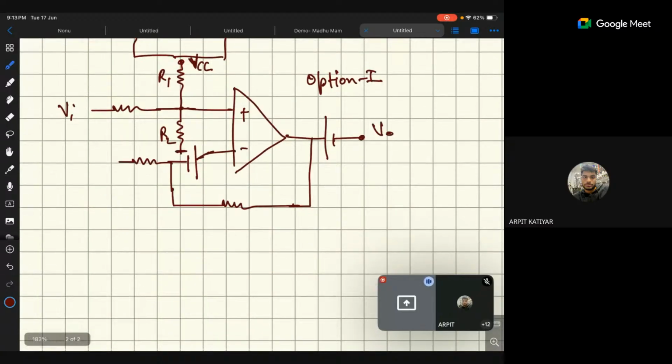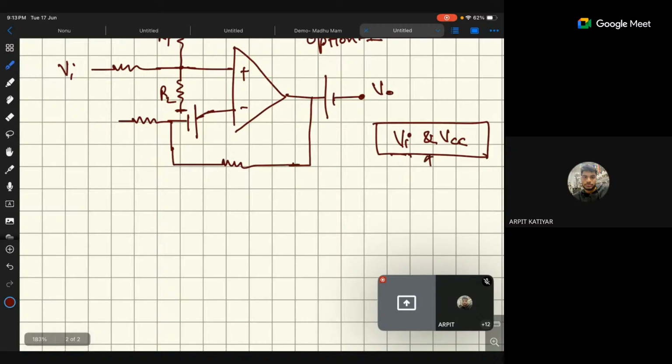But what is the problem? The problem is that we require two different voltage sources in a circuit, Vi and VCC. From the 220 volts, I have to convert into 9 volt or 5 volt, so we have to convert this AC signal into a DC signal.